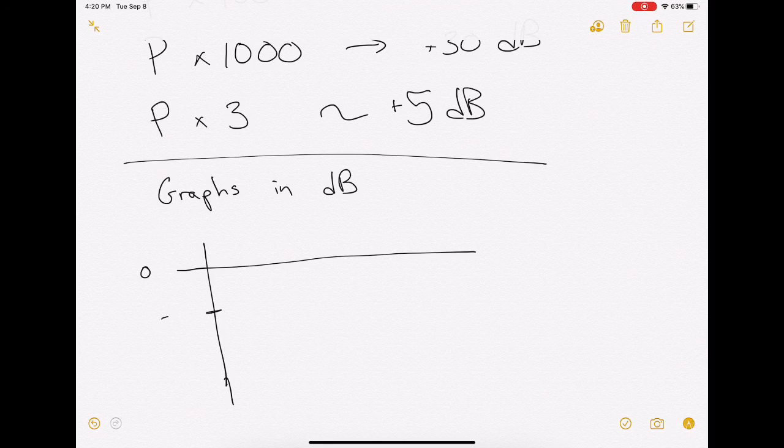And then maybe we'll have like minus 10 dB and minus 20 dB, like that. And 3 dB would be about here. It's weird to look at these things. So you might have a graph that kind of looks like this. And you might be comparing it to a graph that kind of looks like this.